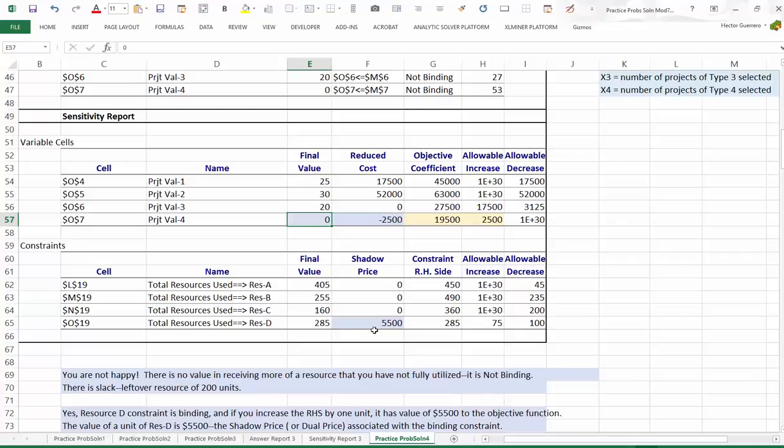And we found we had only one particular right-hand side constraint, for D, that had a shadow price. So by increasing the right-hand side constraint from 285 to 286, we know we can achieve a $5,500 increase in the objective function. We're at the maximum. The final value is 285, and the right-hand constraint was 285, so it's a binding constraint. It's holding me back. That's the end of part 2, problem 4, mod 7.